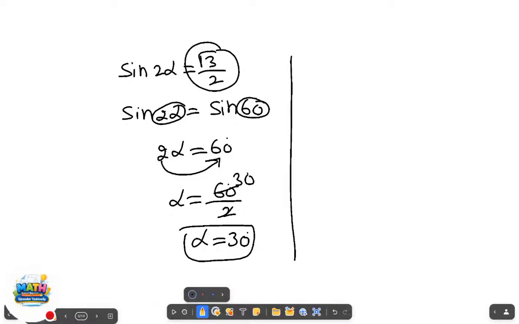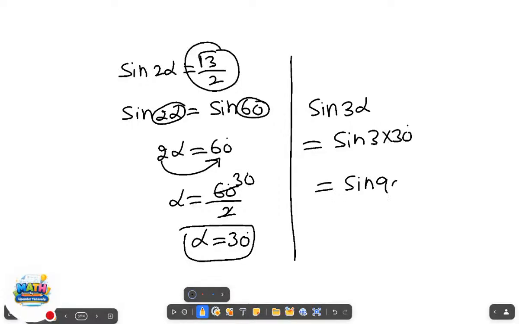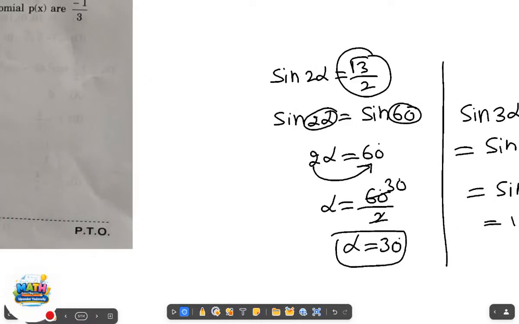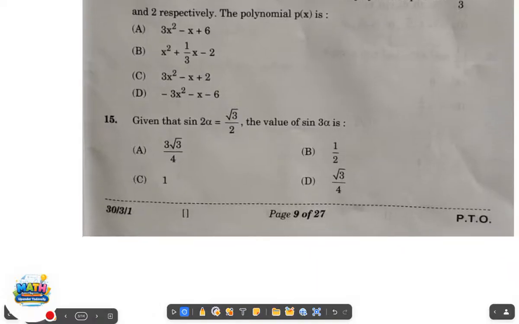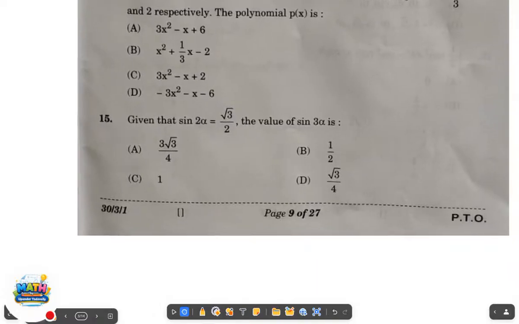What do we have to find? Sine 3 alpha, right? Sine 3 into alpha, alpha is 30. Sine 3 into 30, 90. Sine 90 is 1. So let's check the option. Yes, option C is the right answer.